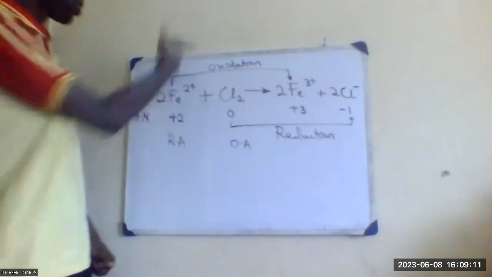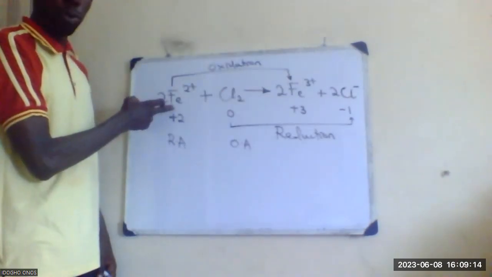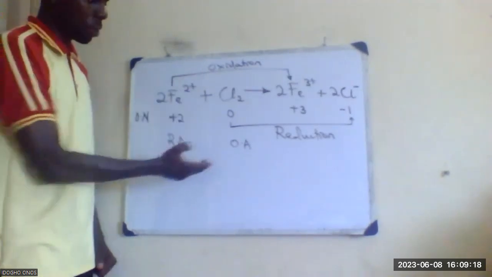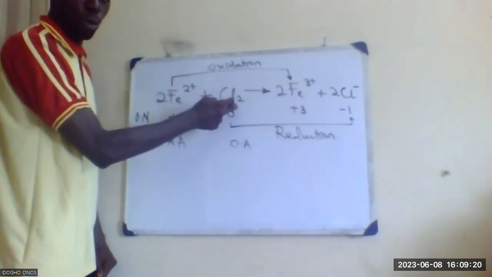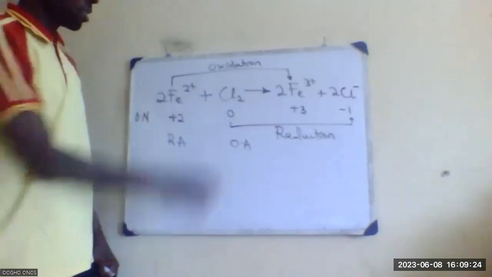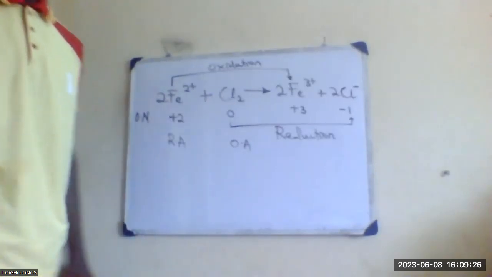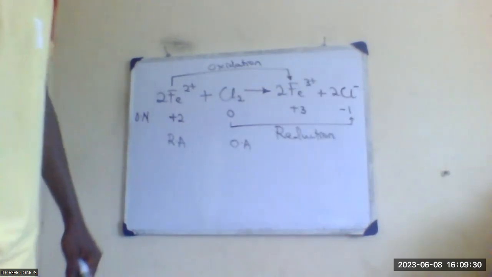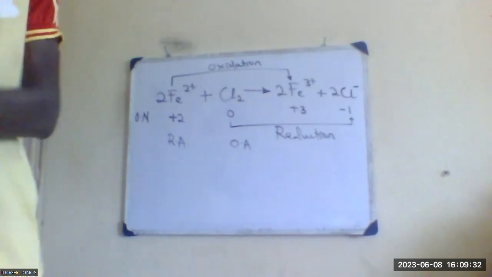The species oxidized is Fe2+. The species that undergoes reduction is Cl2. The reducing agent is Fe2+, and the oxidizing agent is Cl2, that's chlorine gas. Any question?